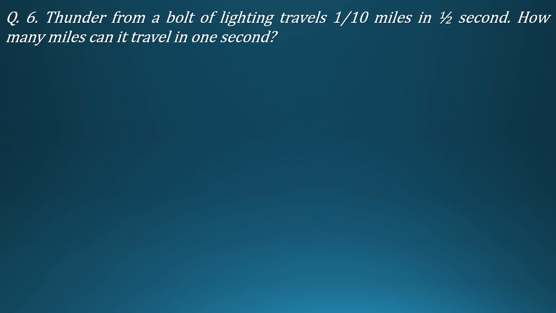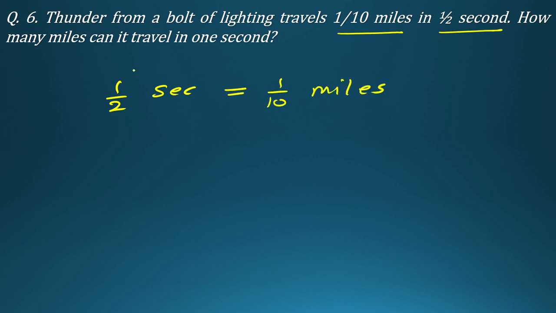Now the next question can be: thunder from a bolt of lightning travels 1 by 10 miles in half a second. See, in half a second it travels 1 by 10 miles. So how much will it travel in 1 second? Now see, this type of question is very easy and direct, because this is half and this is 1. So it is double.